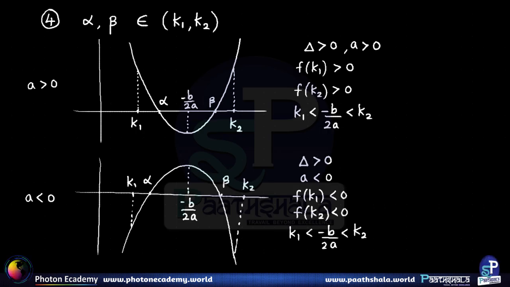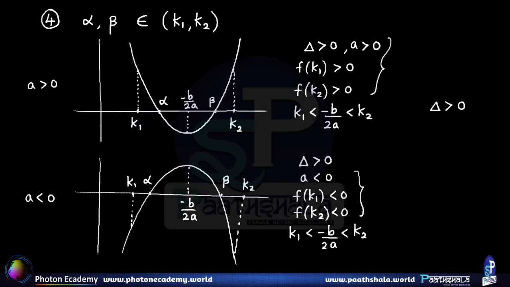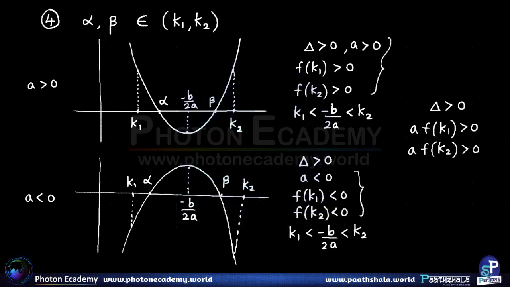Now if you want to merge them into a single set, we see that first is the condition that delta should be greater than 0. Now if we look at these three conditions, that is a, f of k1, f of k2, all of these should be positive in the first case, whereas all of them should be negative in the second possibility. So let's take two pairwise products and write it as the product of a into f of k1 has to be positive and similarly the second product, that is a into f of k2, has also to be positive.